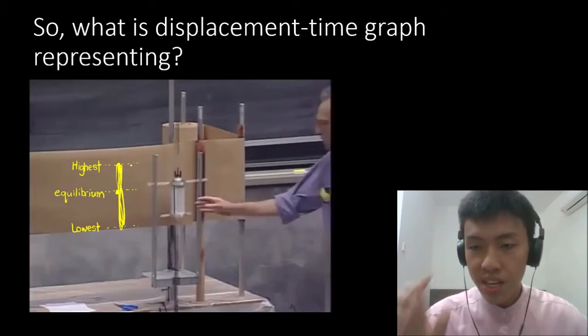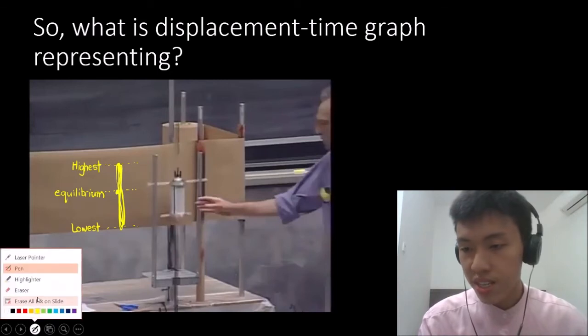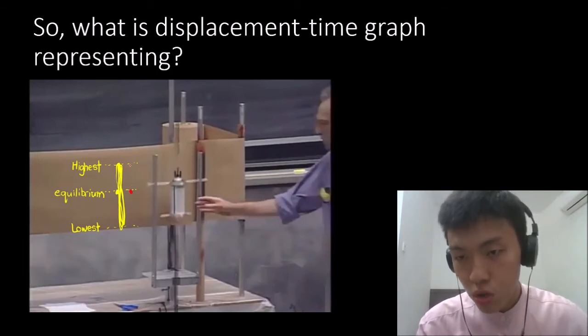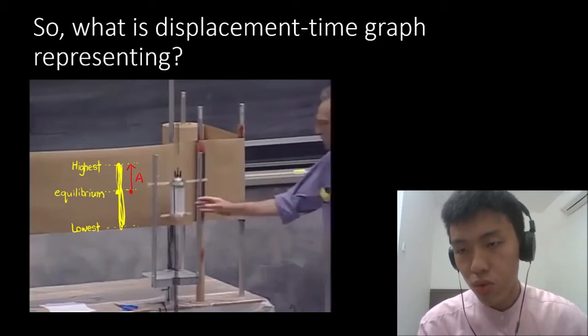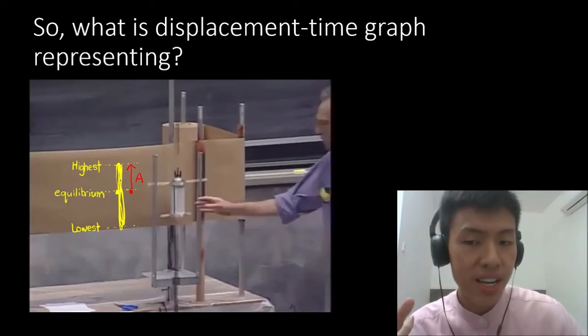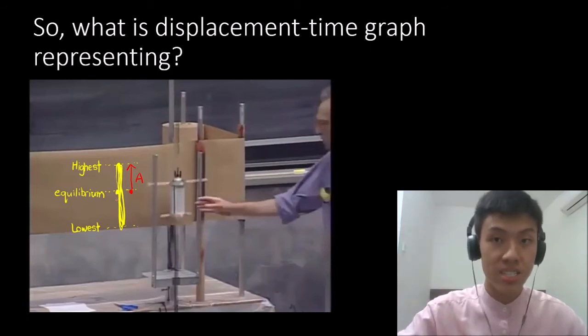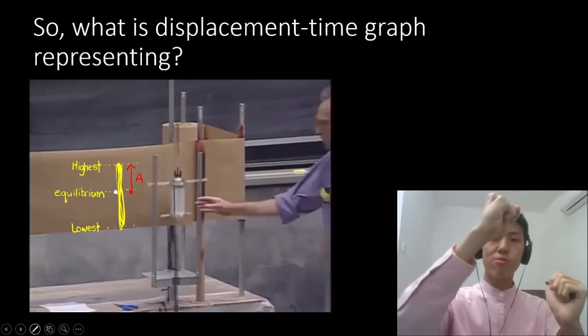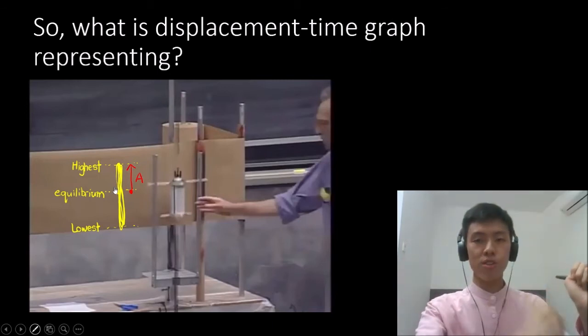So we represent this height here, from the equilibrium to the highest point, as the amplitude. Then as time passes, the spray can will be at different positions. Sometimes it moves up, up, up, then it moves down, down, down.